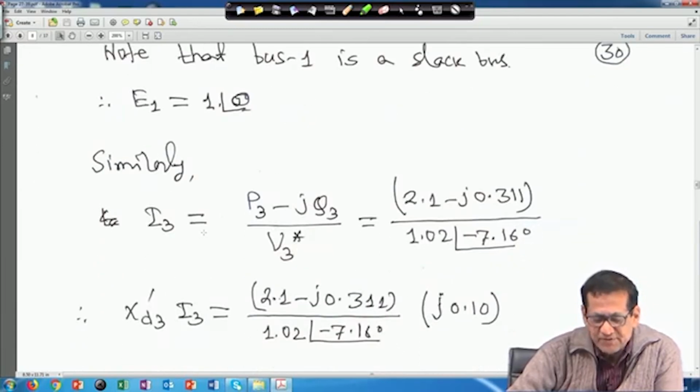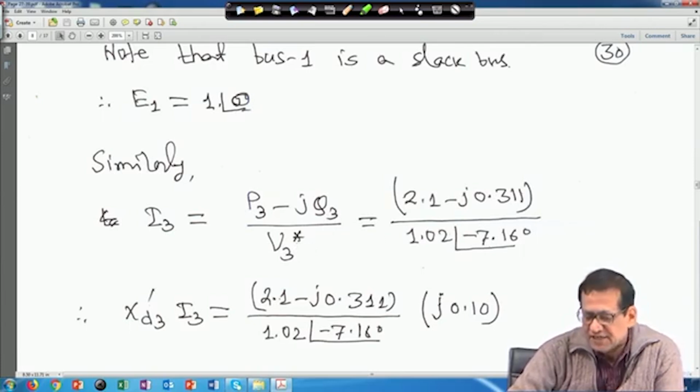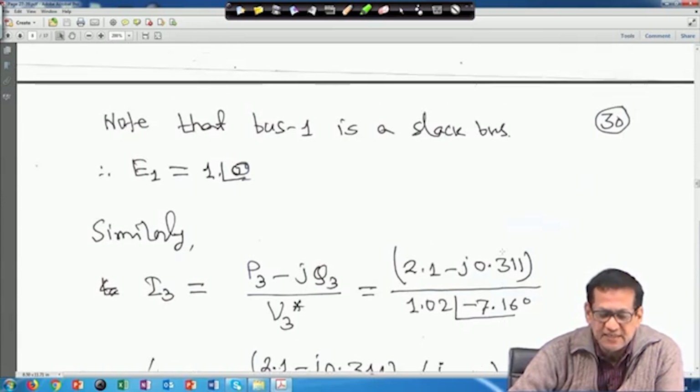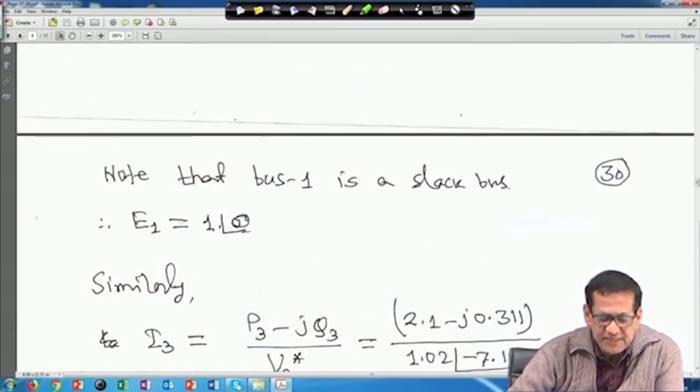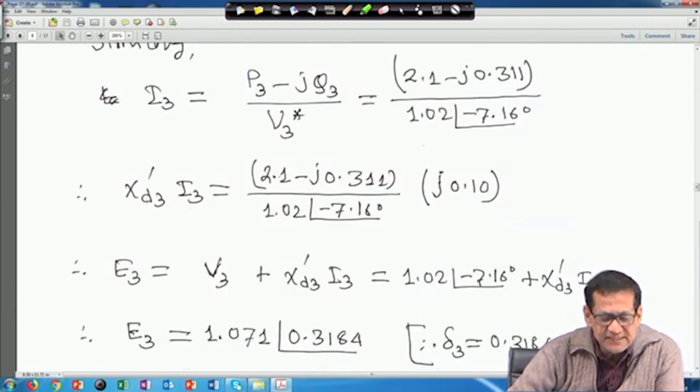Similarly, for I3 if you calculate, it will be (P3 minus jQ3) upon V3 conjugate, so it is 2.1 minus j0.311 upon 1.02 angle minus 7.16 degree, that is your I3. Here also I repeat that E1 is 1 angle 0, because bus 1 is a slack bus. Similarly, you multiply xd3' with I3.